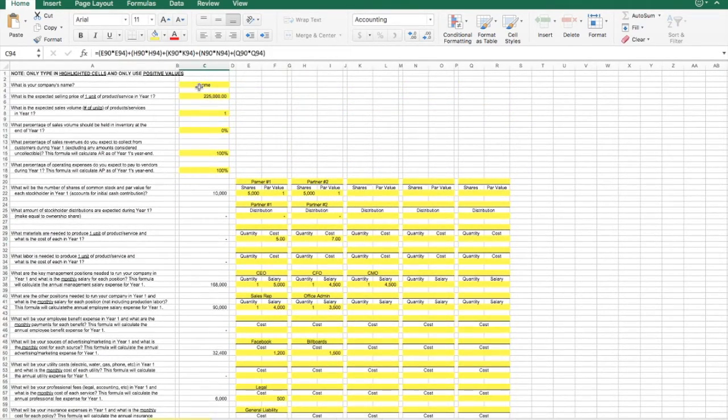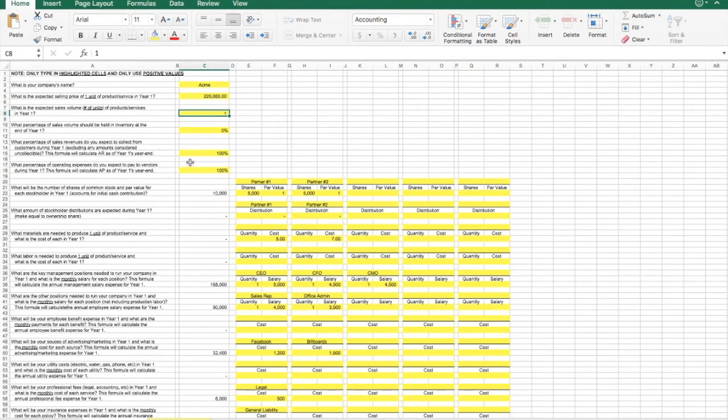So now I've changed these numbers again. You're going to see later if there's different revenue streams, I plugged numbers in here. So the price and the volume, that's basically giving me my revenue numbers. You also want to make sure where it says what percentage of revenues do you expect to collect, make sure that's 100. Again, these are just confusing numbers that we'll probably eventually get rid of.